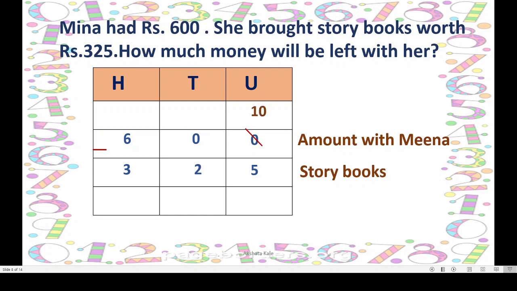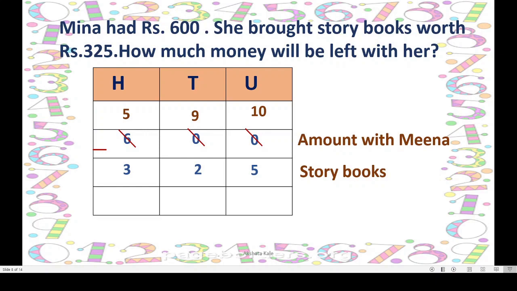Okay, and in the tens place, it becomes 9 tens, because again here 1 ten is untied and it gave 1 ten to units place, that is equal to 10 units, isn't it? And 6 becomes 5. Got this? A little complicated one. Slowly you will come to know this method.